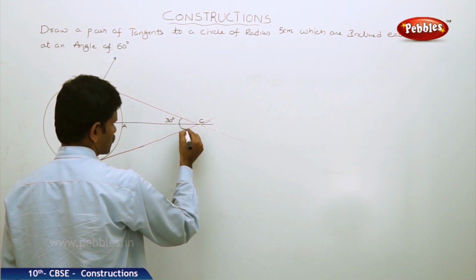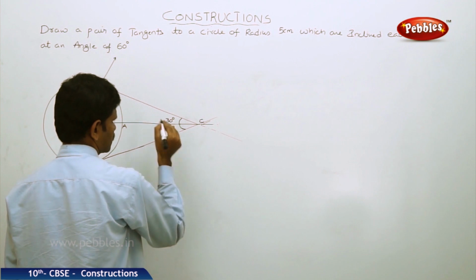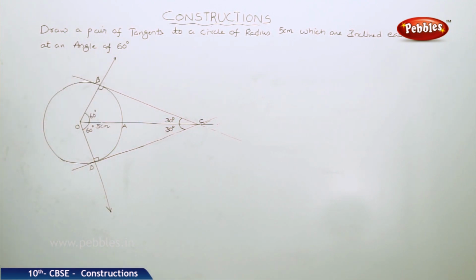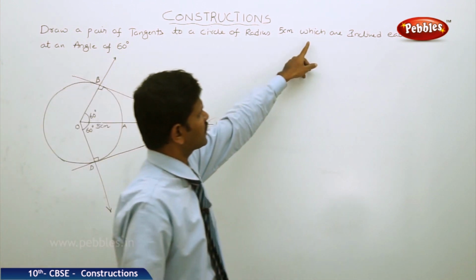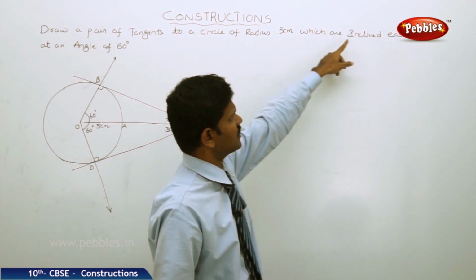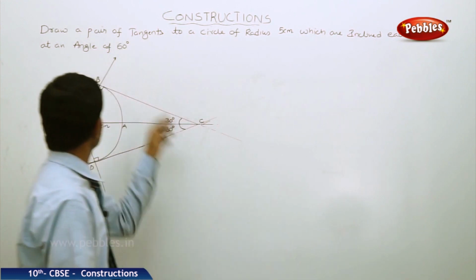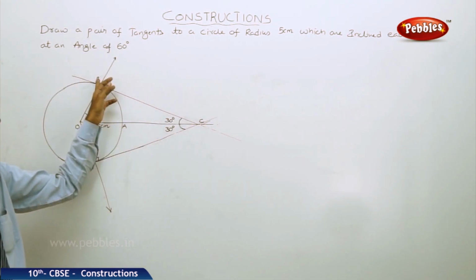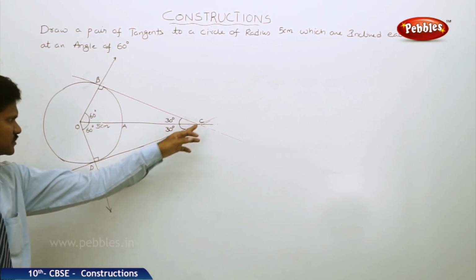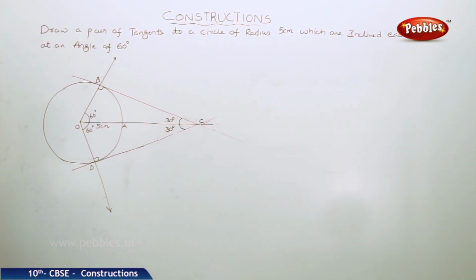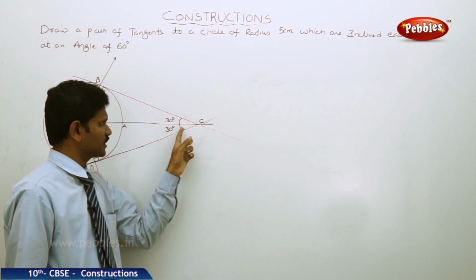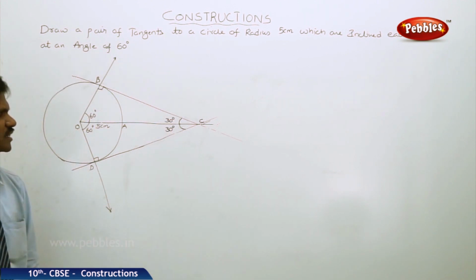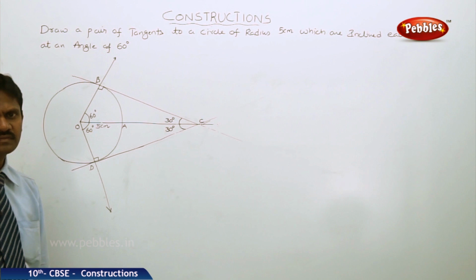Now here the rest of the angle is 30 degrees. Therefore, the tangents are inclined to each other at an angle of 60 degrees. Now CB is the tangent, CD is the tangent. These two are inclined at an angle of 30 plus 30, that is 60 degrees.